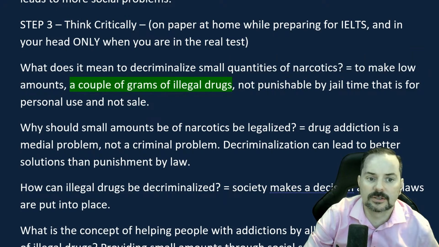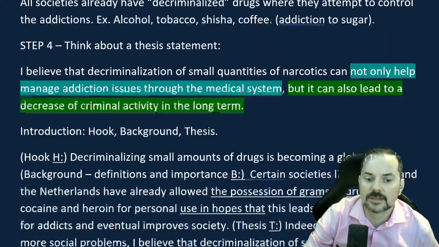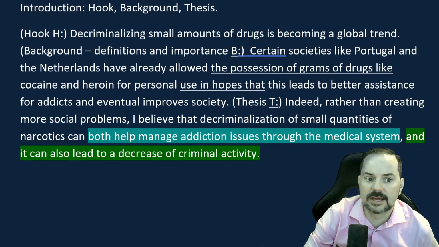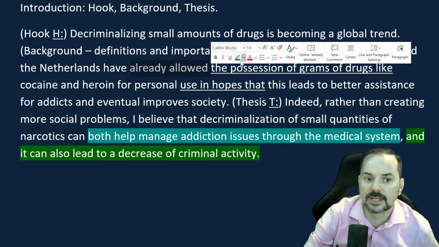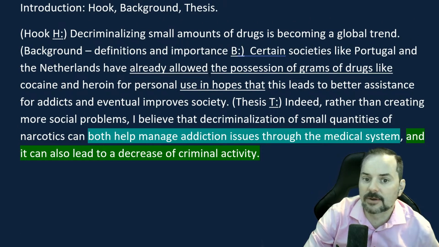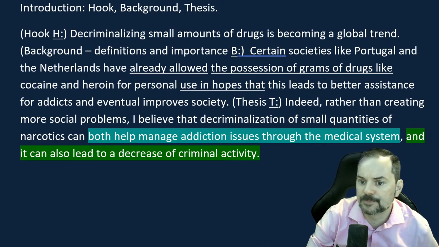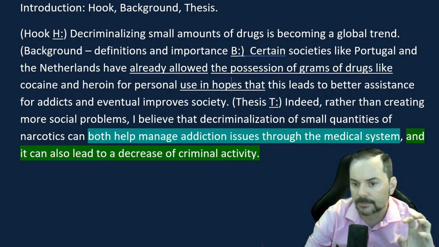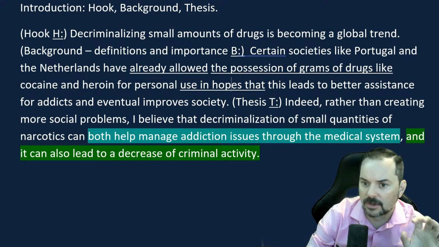So what does it mean to decriminalize small quantities? So this is the definition here, already allowed. So that's what I'm looking for in the background. I hope that makes sense, okay? All right, so a little bit more, so not so specific, not like you're writing the body paragraph, okay?